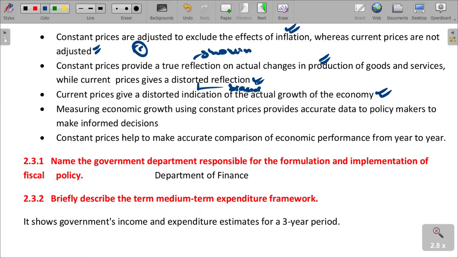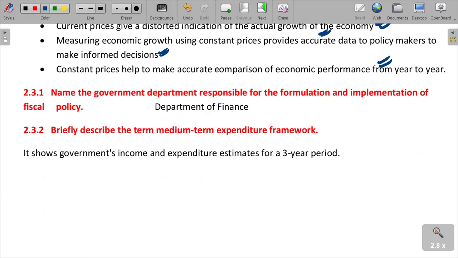Measuring economic growth using constant prices provides accurate data to policymakers so that they can make informed decisions. Constant prices help to make accurate comparisons of economic performance from year to year. We can make a comparative analysis based on specific benchmarks and previous statistical information that can be calculated from year to year.